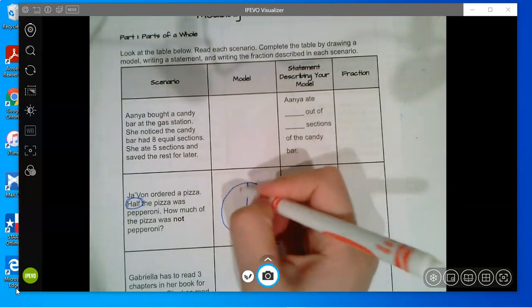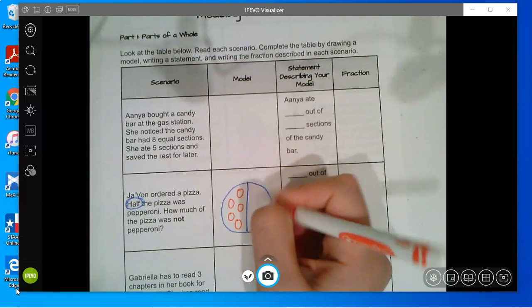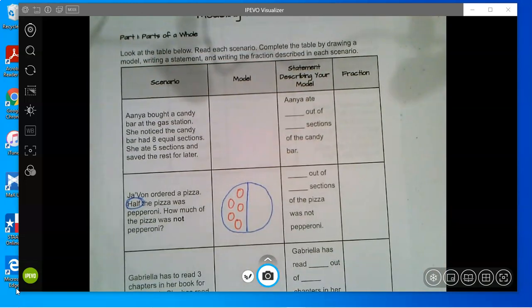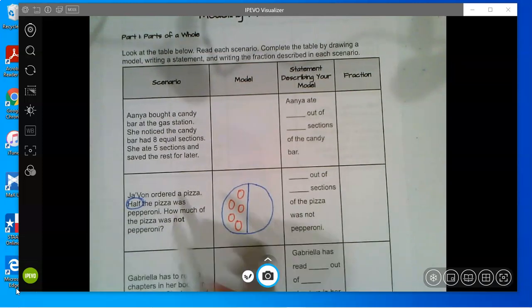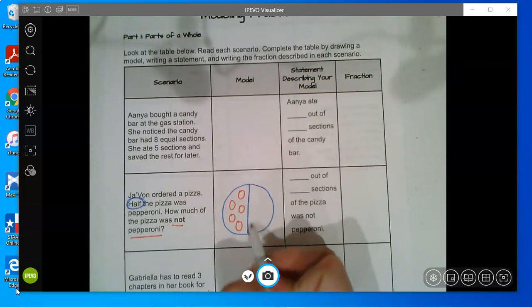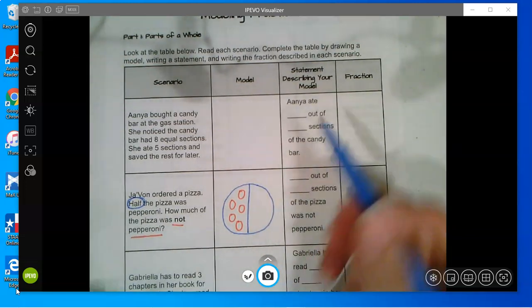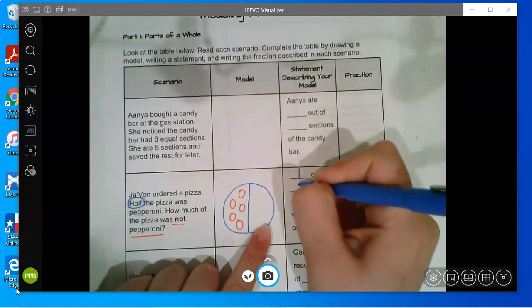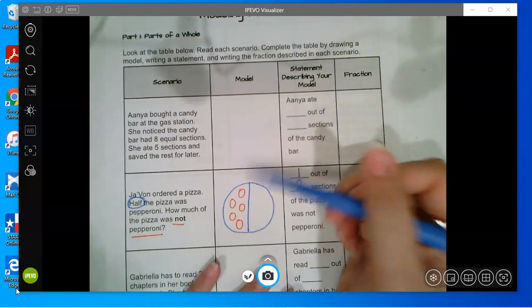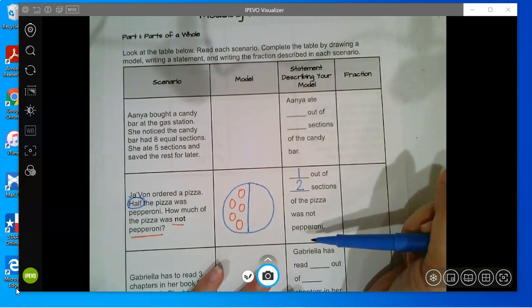This half of the pizza had pepperonis. This half did not have pepperonis. So how much of the pizza was not pepperoni? Not pepperoni. So this part over here. So if we have halves, one part of it has pepperoni, the other half. So 1 out of 2, because there's 2 sections of the pizza, was not pepperoni.